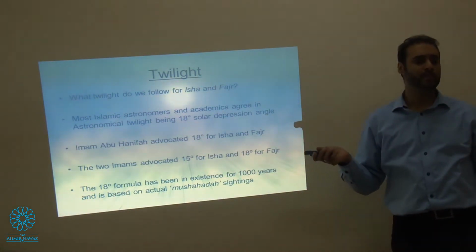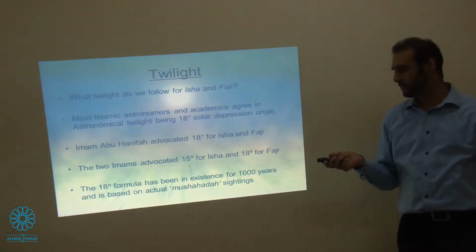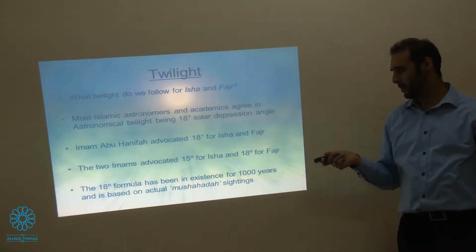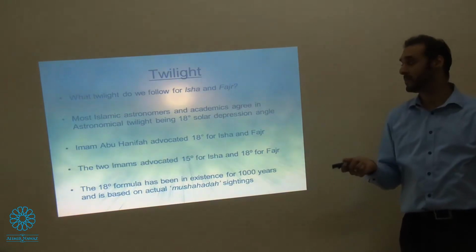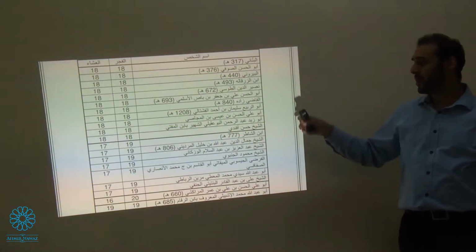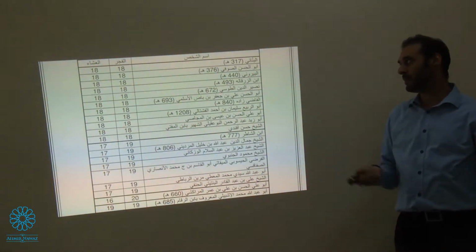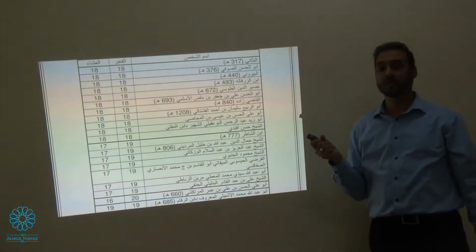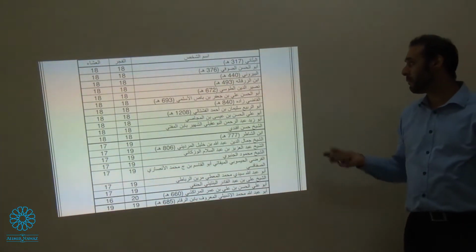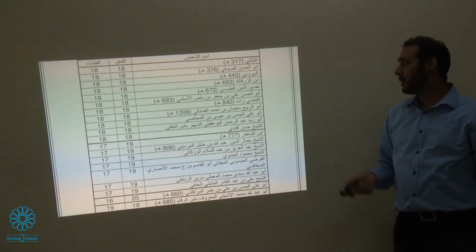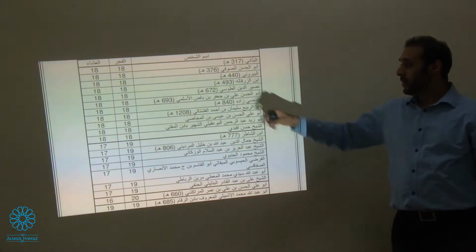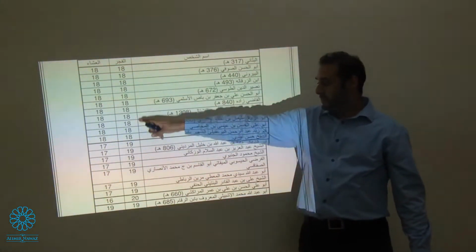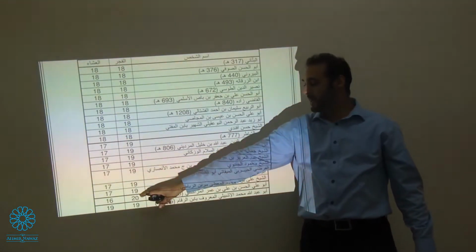It's not something new, it's something that's been in existence for 1,000 years. And the ulama in the past used it, our astronomers used it. And here's a chart of all the astronomers, polymaths and academics that advocated 18 degrees and above. Very famous names like Al-Batani, As-Sufi, Biruni. 18 for Fajr. And actually some of them go down to 19 and 20.